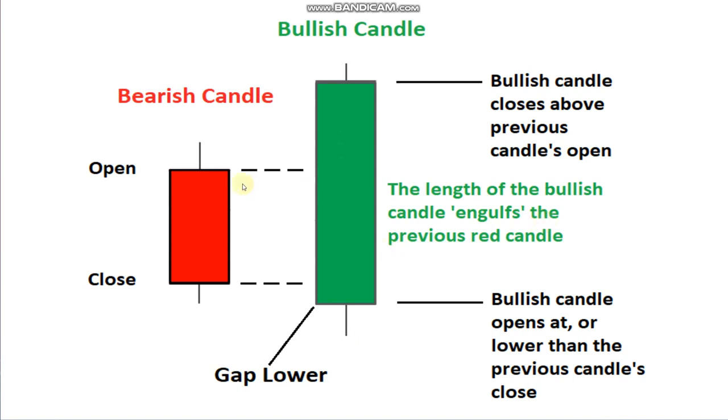This body has engulfed the red candle, and the bullish candle opens at or lower than the previous candle's close. So it must open below the closing price of the previous candle, or in simple terms, this candle should be bigger or should engulf the red candle, then only we will get a bullish engulfing pattern. Hopefully you all have understood.